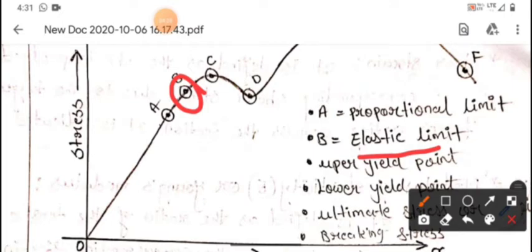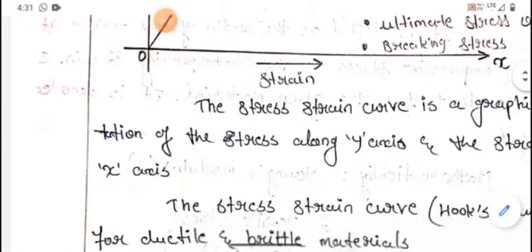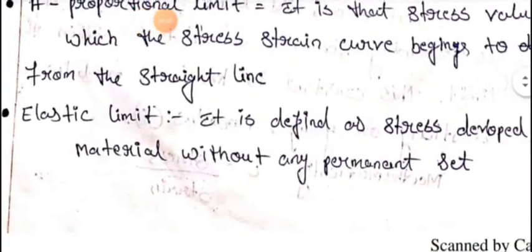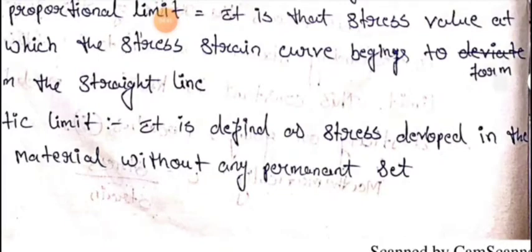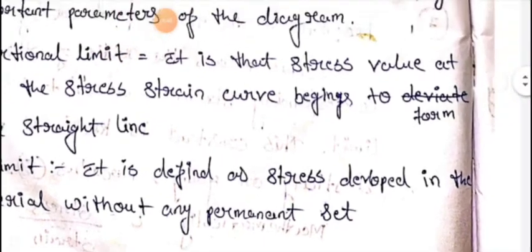That means whenever you apply a load on a body and after removing the load it comes back to its original position, it is called the elastic limit. The same is explained in the definition: the stress developed in the material without any permanent set, meaning it will come back to its original position after the load is removed.